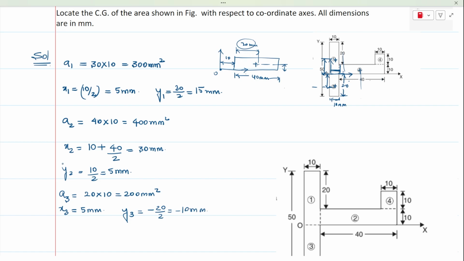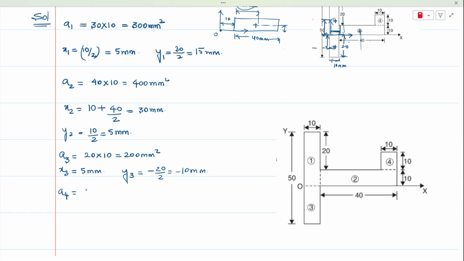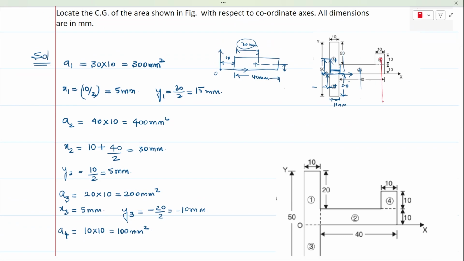Next we have area number 4, that would be 10 into 10, which is 100 mm square. And for area number 4, let me tell you this would be the centroidal coordinate, and the distance from the y-axis would be, this distance is 10 and this distance would be 40.